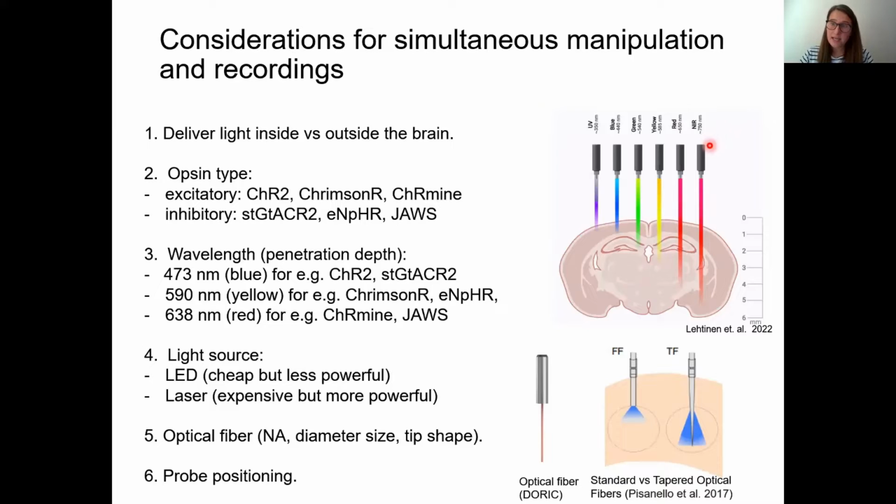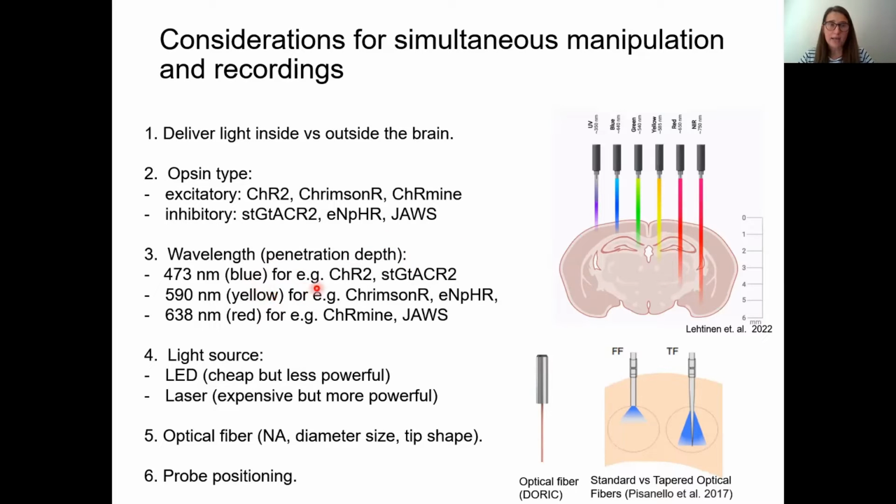Whereas red light, like 650 nanometers, will travel much deeper into the tissue. So if you want to manipulate the activity of neurons, let's say in zona incerta or in thalamus, you might consider using a red laser and manipulating the activity from outside of the skull.